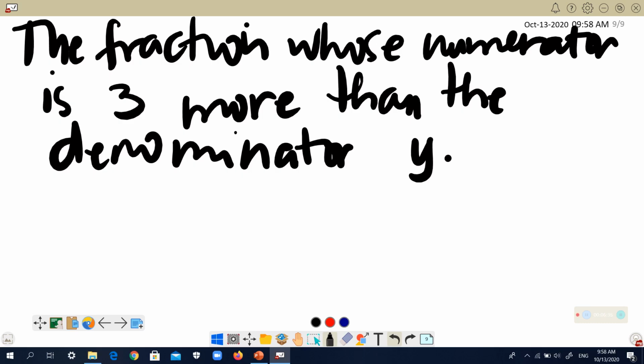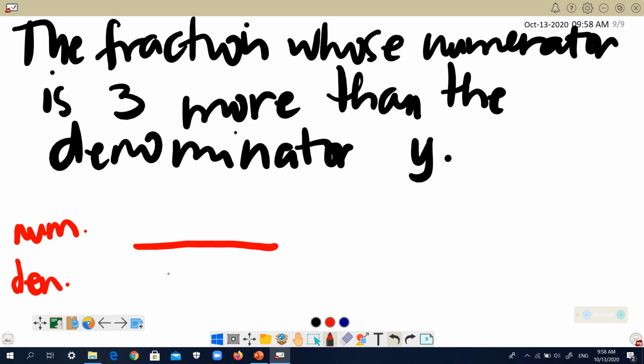So again, the fraction whose numerator is 3 more than the denominator y. For us to translate this to a rational algebraic expression, we all know that a fraction always has the fraction bar, having the numerator and the denominator. So let us have here the abbreviation, for example, numerator represented by NUM, and the denominator DEN.